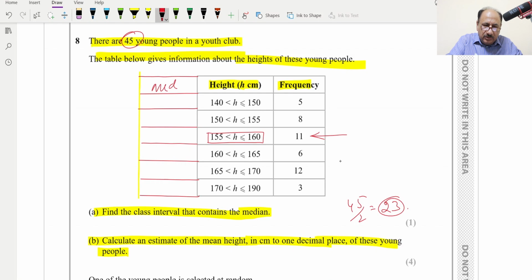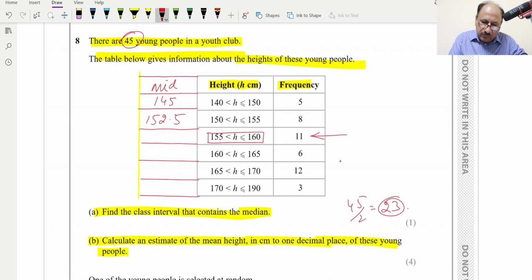The mid of the range will be 140 plus 150 divided by 2, so it will be 145. Similarly, the mid of these two will be 152.5 basically.